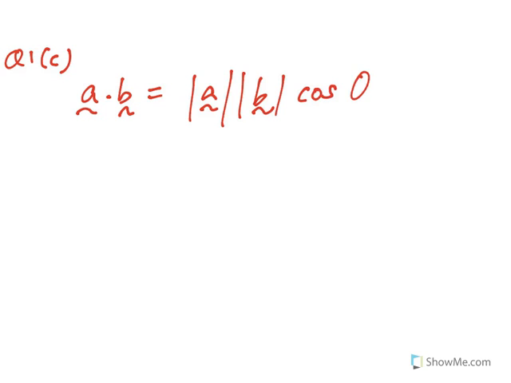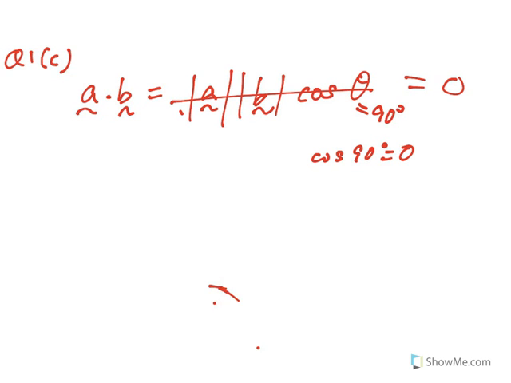Why is it equal to 0? Cosine 90 is 0. Let me say again: a dot b equals |a||b| cosine theta. If this angle equals 90, cosine 90 equals 0. That's why the whole thing is 0. Zero times whatever is 0. So this equals 0.